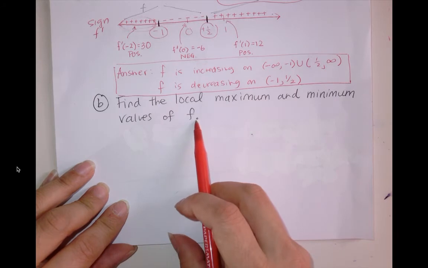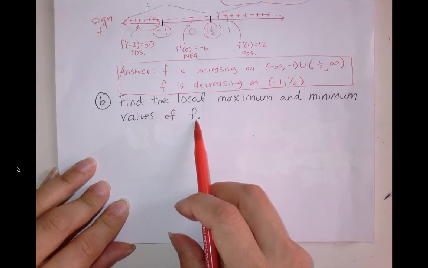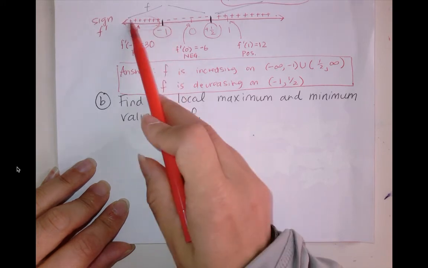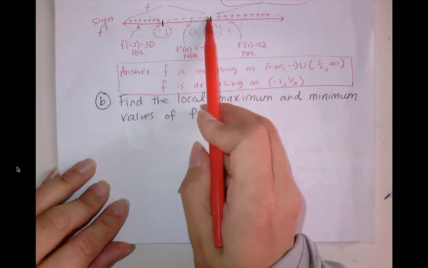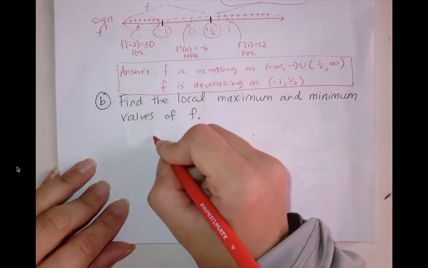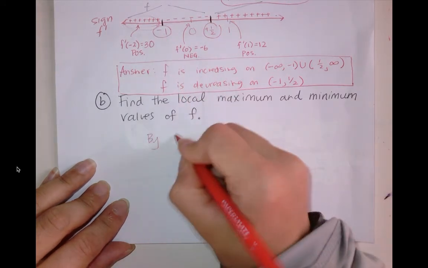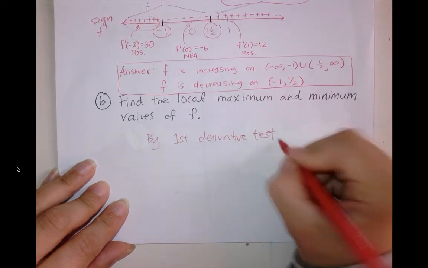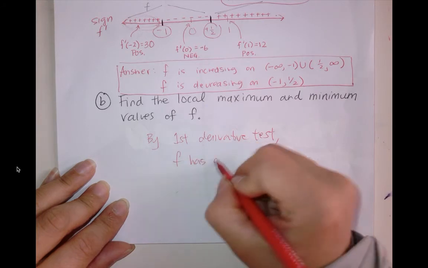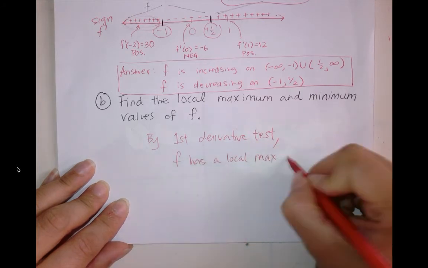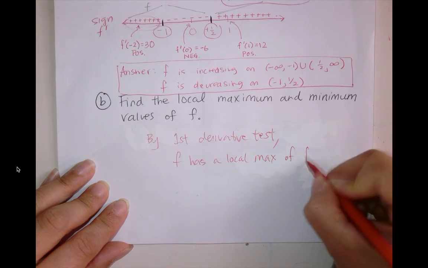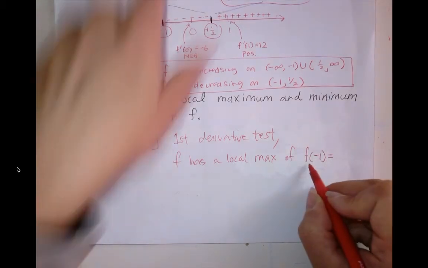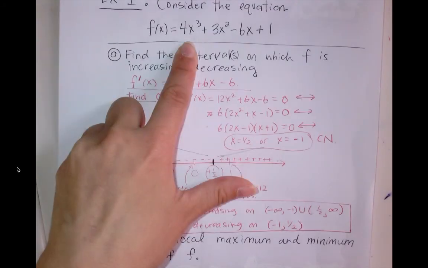I'm going to use the first derivative test, which says that any critical number at which the derivative changes from positive to negative is a local maximum value. So this means by the first derivative test, f has a local max of f of -1, which is equal to, now remember to plug this back into f, not into f prime.